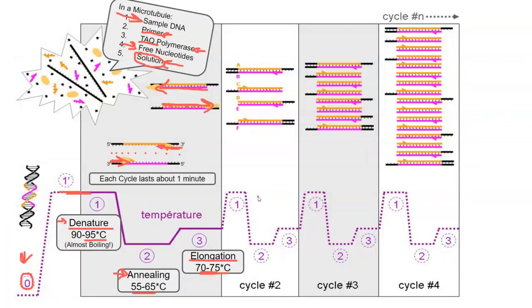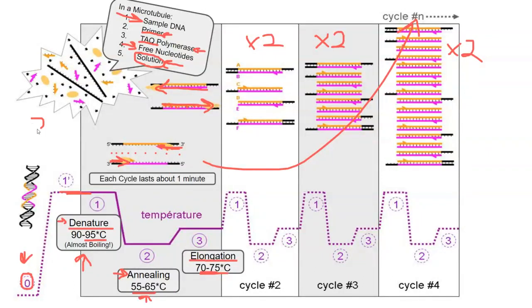Then all we have to do is raise the temperature back to step 1, break apart all of those copies, and then lower the temperature to step 2 and add primers to all of those copies, and then raise it to temperature 3 again so that Taq polymerase can make all the copies. So every single time we raise and lower the temperature, we are multiplying our sample by 2. So you can see that we end up with an exponential increase in the number of sample DNAs that we have, and that's only due to raising and lowering the temperature.